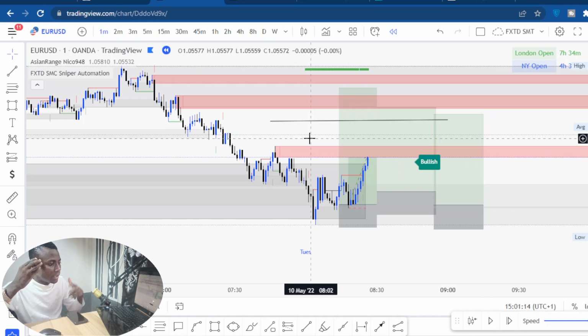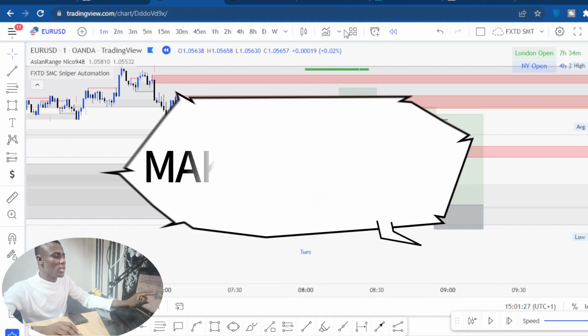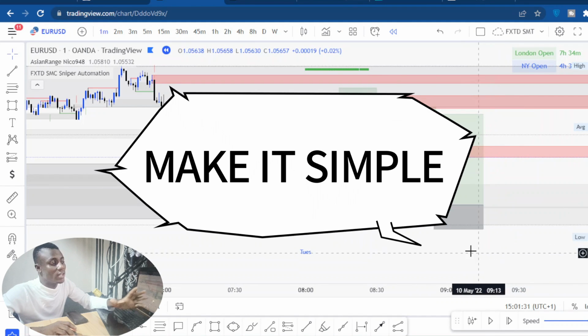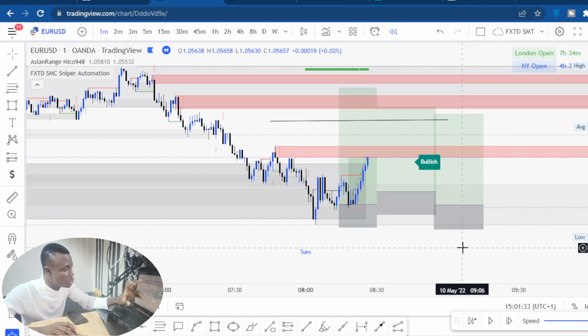So that's why experience comes in, and that's where you're backtesting the knowledge, the accurate knowledge. I always tell people, get the accurate knowledge. Don't just get knowledge anywhere. Get accurate knowledge and try as much as you can to make it as simple as possible. And some of my students are already doing it, and they are already doing well.